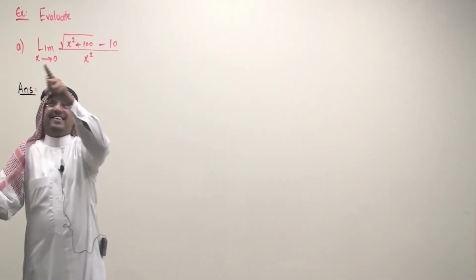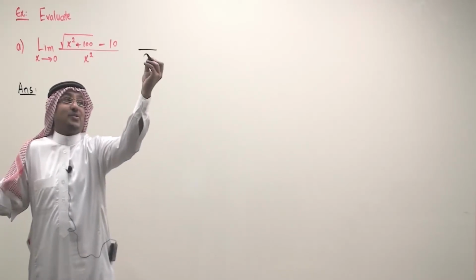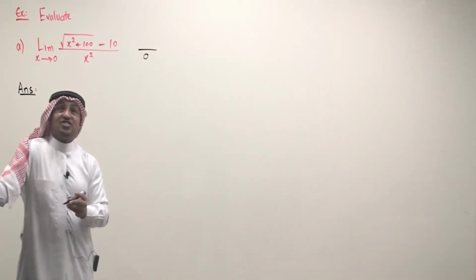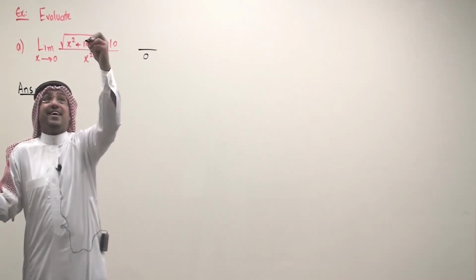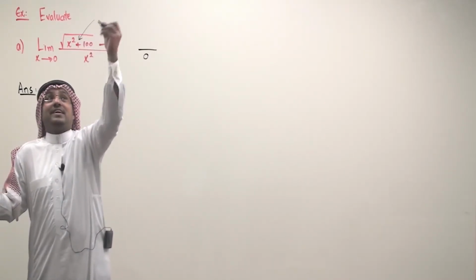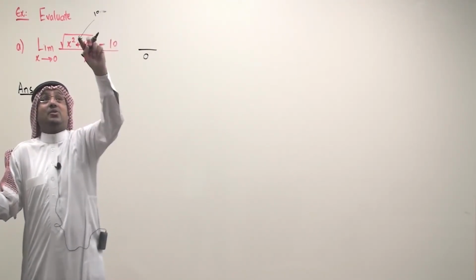You see, as x goes to 0, the denominator is getting closer and closer to 0. Let's check the numerator. As x goes to 0, the quantity inside is going to go to 100, and its root is going to be what? It's going to be just 10.